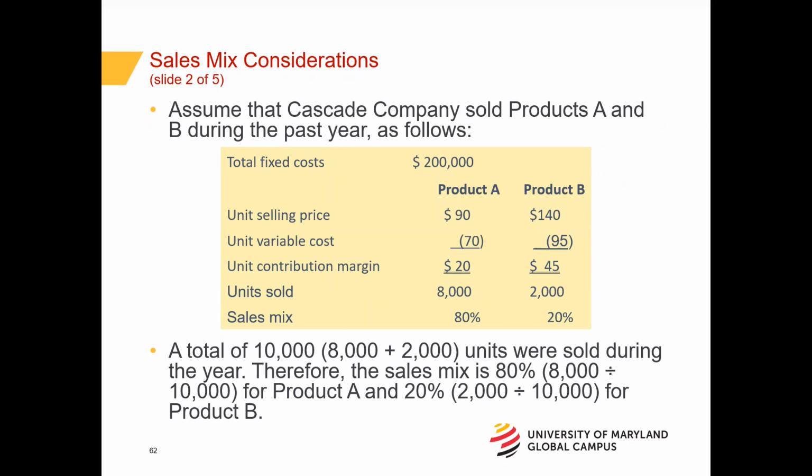In this example, it's 10,000. Product A is 8,000, product B is 2,000. That's 10,000 together. So 8,000 units divided by 10,000 units equals 80%. So this tells me that I sold 80% of product A and 20% of product B. That's my sales mix.